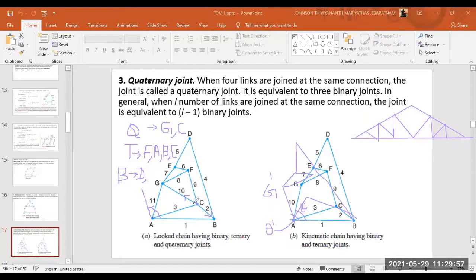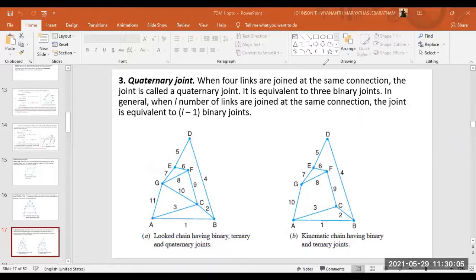Okay. And about these binary joints here, right? The number of binary joints we are going to see, right? At ternary joints, G and C are the ternary joints I told you. So G, E and E, F, they are one binary joint. G, F and G, C I can consider as another binary joint.